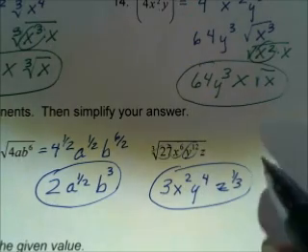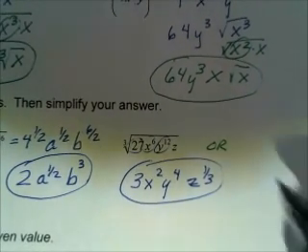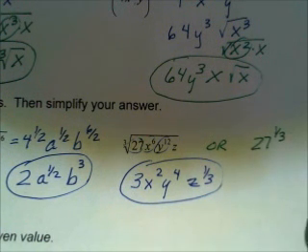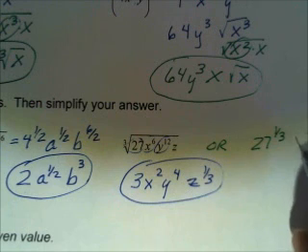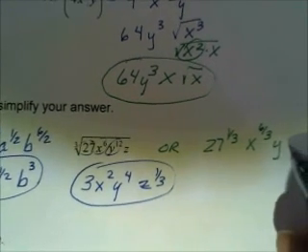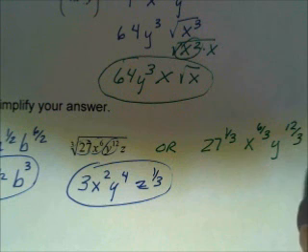Or take each one: 27 to the 1/3, x to the 6/3, y to the 12/3, and z to the 1/3.